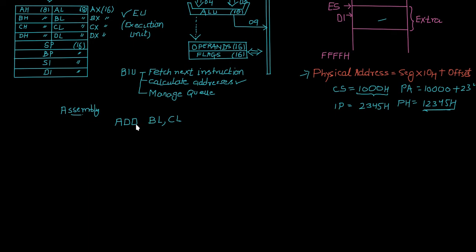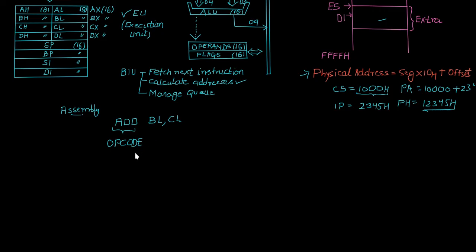Alright, so this is the instruction add. Add is just the operation that it is going to perform, and each and every operation has some operation code, which we call the opcode. So every instruction has an opcode.